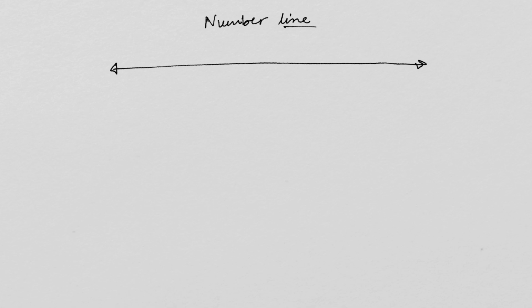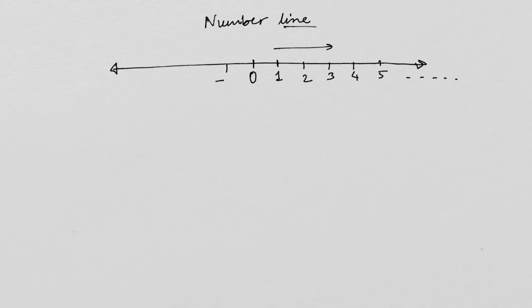It has to do something with numbers. So a number line has a 0 in the middle of it, and on the right hand side it increases in equal intervals, and we can jot down numbers over here on equal intervals.